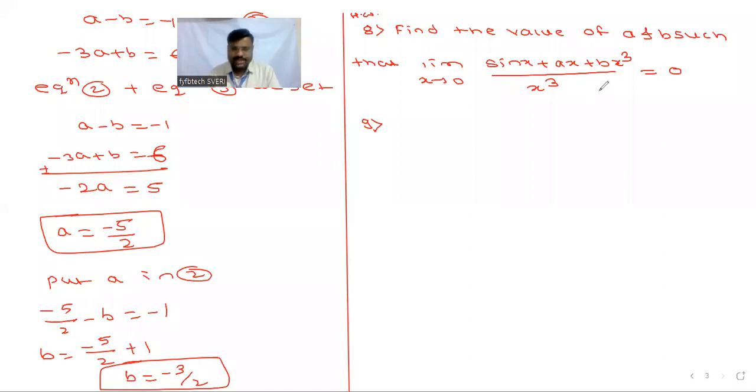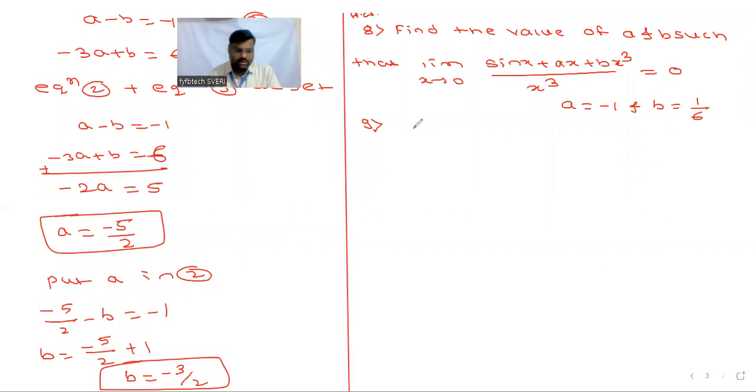Okay. Answer पाहिजे ना तुम्हाला? You want the answer? Yes, sir. Okay. So A is equal to -1 and B is equal to 1/6.